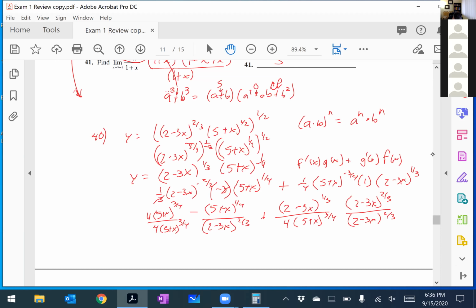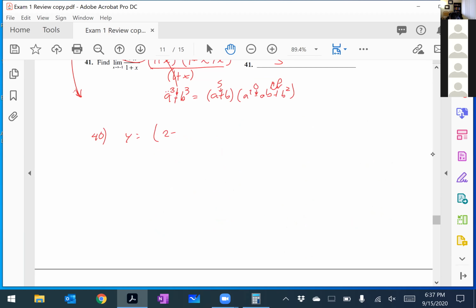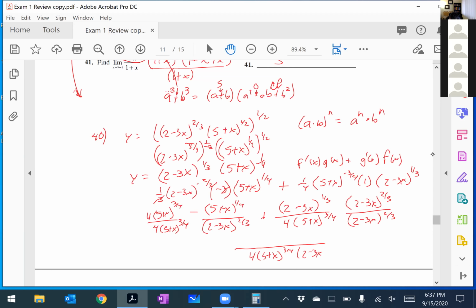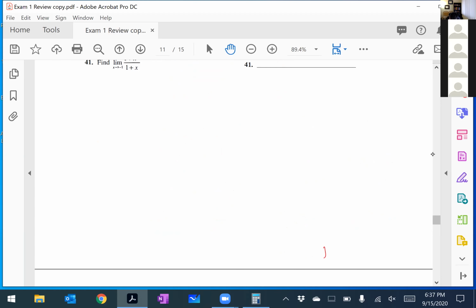What does that allow me to do? Well, it allows me to get a common denominator of 4 times 5 plus x to the 3/4 times 2 minus 3x to the 2/3.